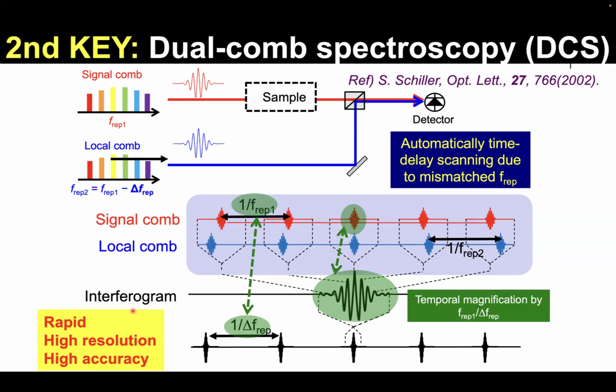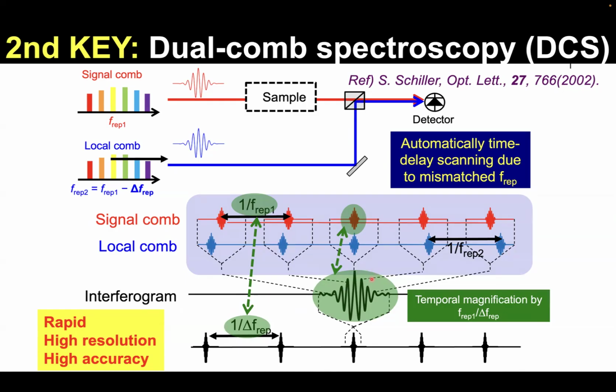Since the time period of the signal comb is slightly different from that of the local comb, the overlapping timing between them shifts slightly every pulse like here, namely asynchronous optical sampling. Such asynchronous optical sampling interference generates an interferogram in the RF region.